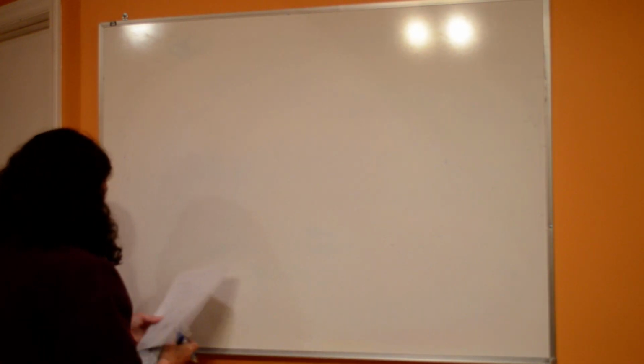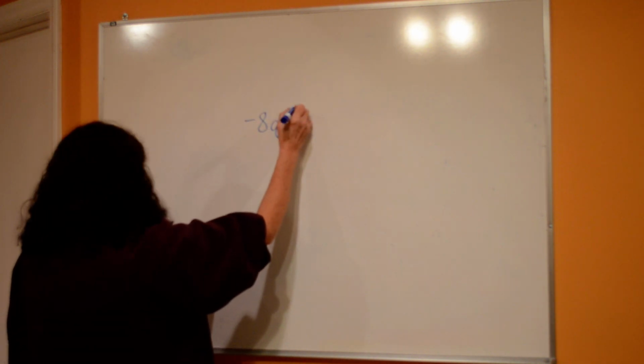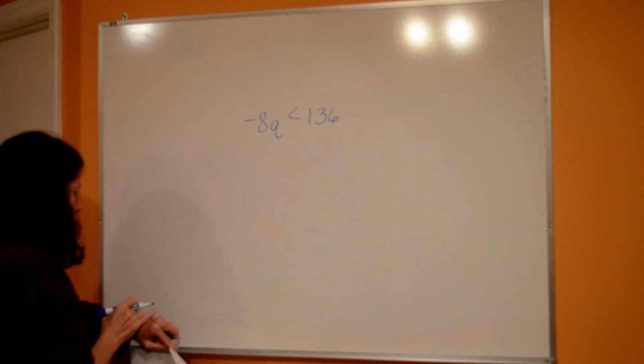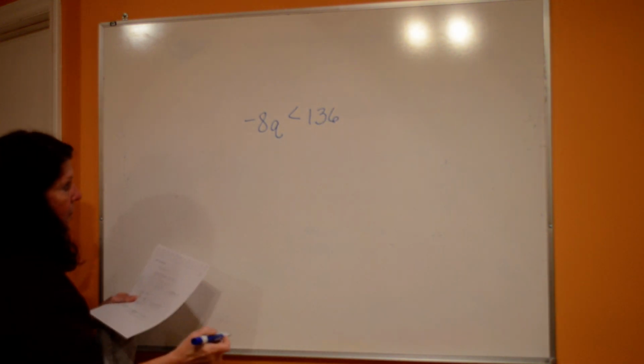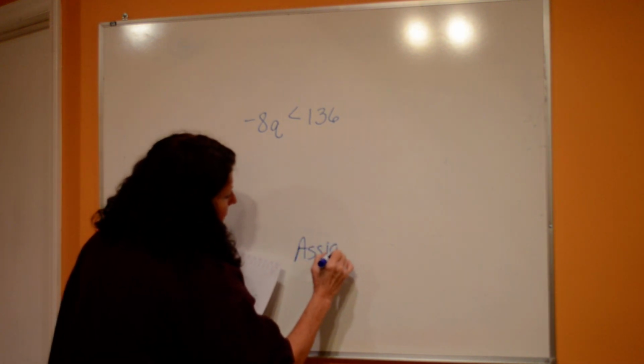One more here. Let's say I have negative 8q is less than 136. I'm going to go ahead and put the assignment on the bottom here because I'm about to run out of time on the video.